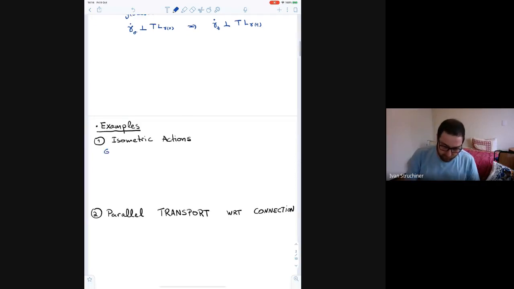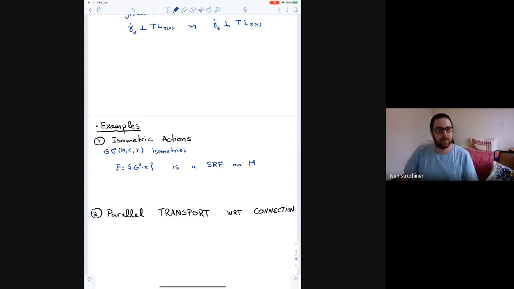The first one is if you have a Lie group acting on a Riemannian manifold by isometries, then the connected components of the orbits of the Lie group, so F equals the set of all connected components of the orbits of G acting on M, is a singular Riemannian foliation on M. So this gives you a bunch of examples, but these are not the most general examples since these are all homogeneous. They're very special examples.